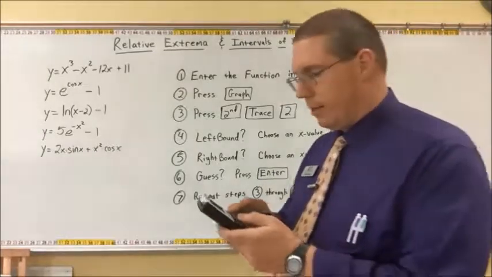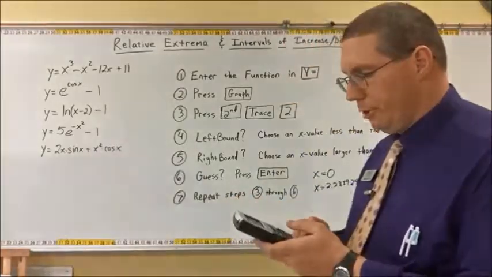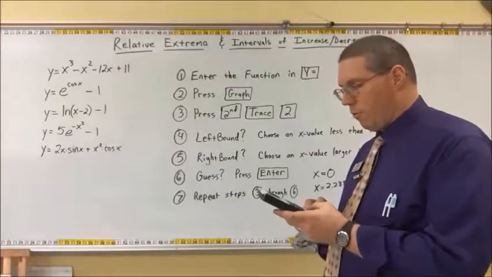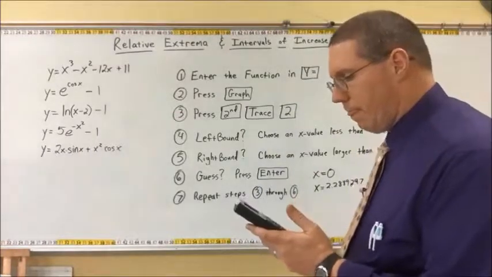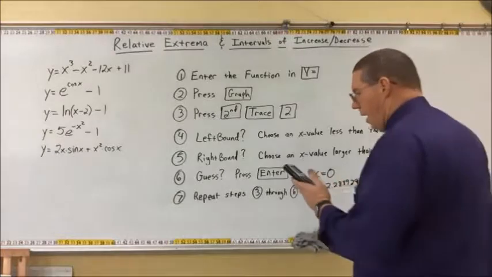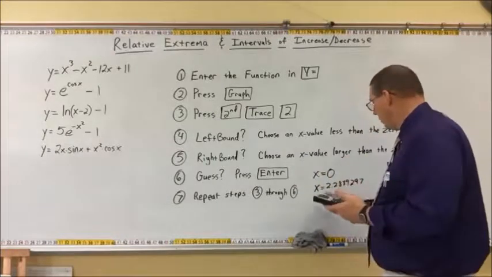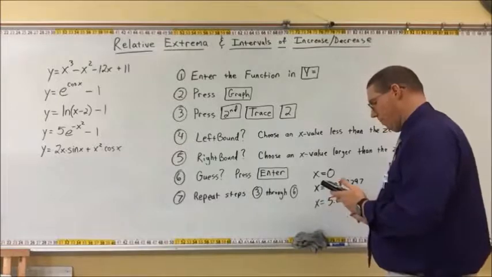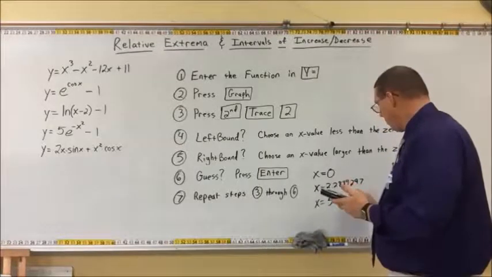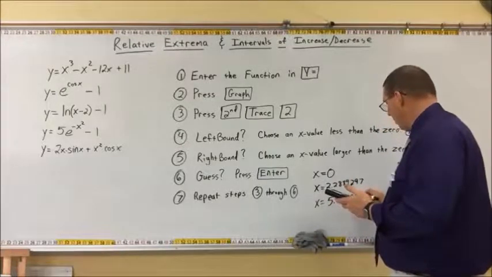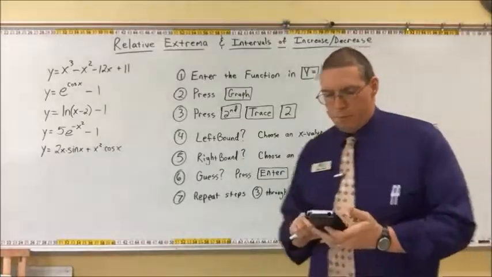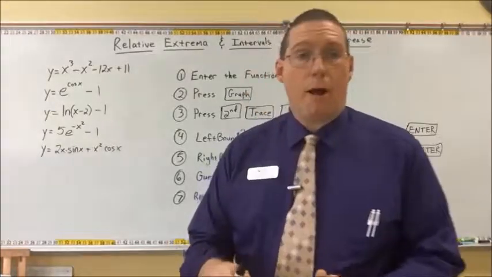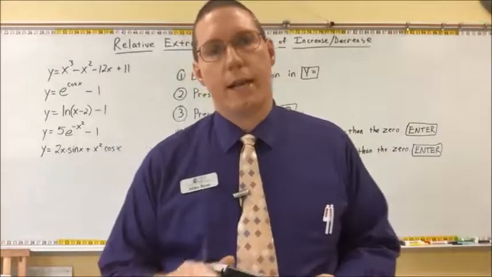So I'll hit second trace, option 2, left bound 4, right bound 6, press enter, and I get 5.086981. X equals 5.086981.